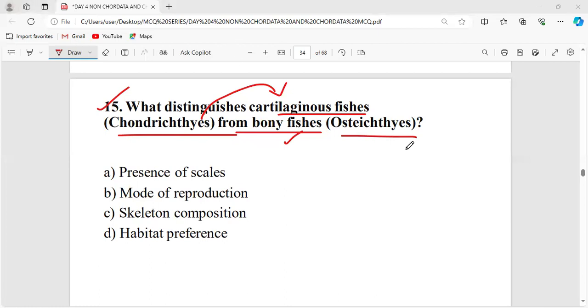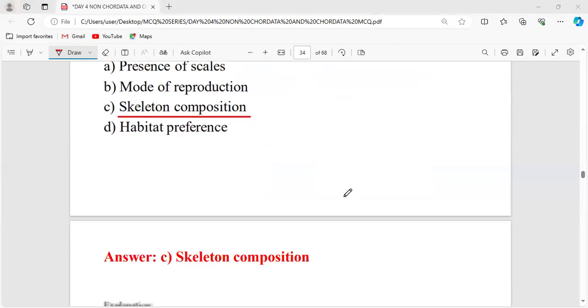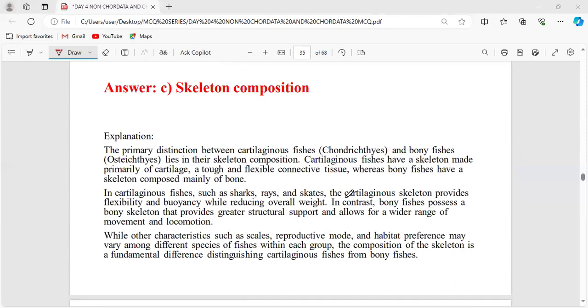No point of having confusion in this question. Of course, that will be the skeleton. We know that for bony fishes, the bone is very strong and not flexible. In cartilaginous fishes, it is very flexible in nature. This is the difference in skeleton composition. I have also given other characteristic features, and you should have a look at them.